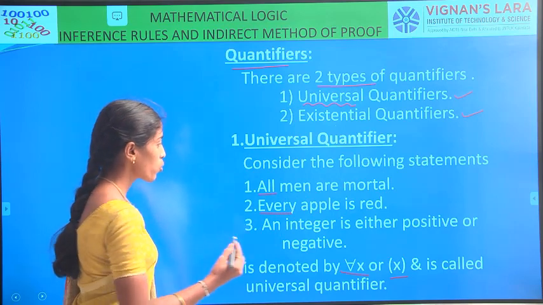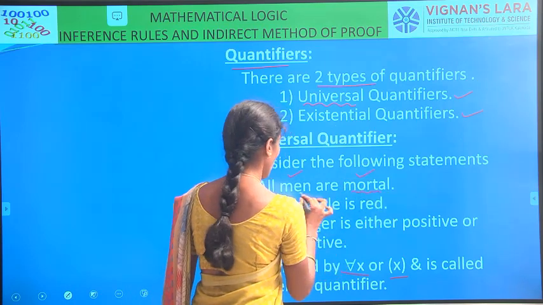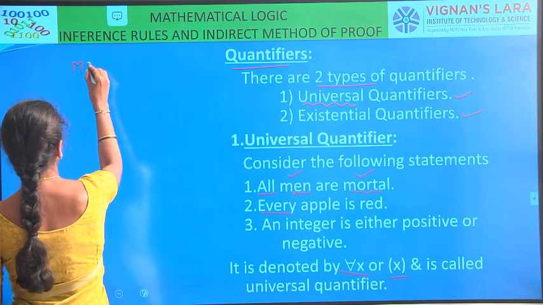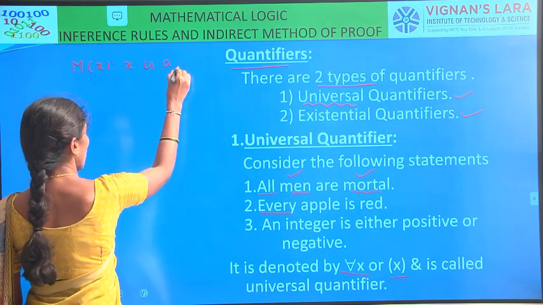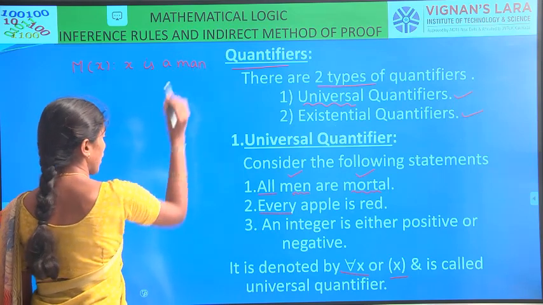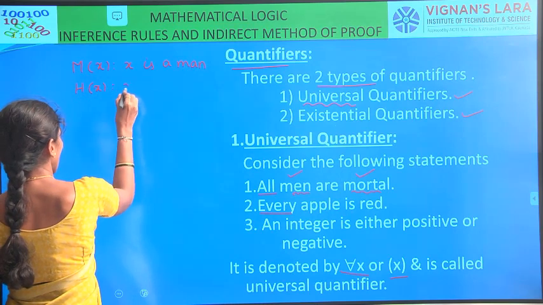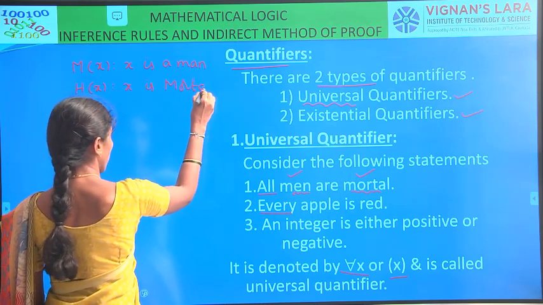Here we have two things, one is men, the second one is mortal. Suppose I represent m of x as x is a man, and h of x as the property that x is mortal.